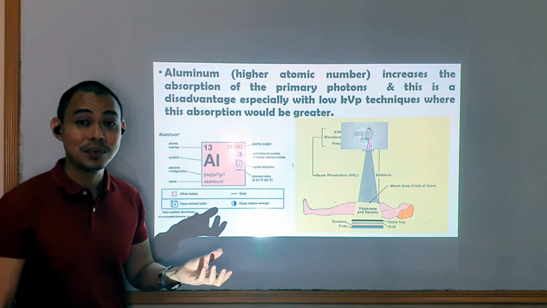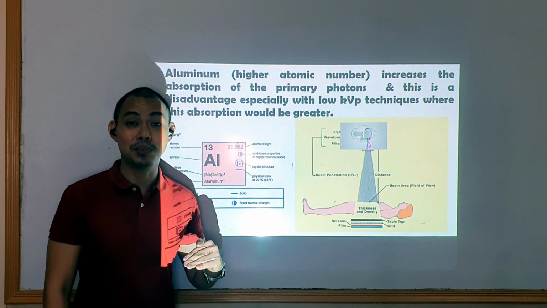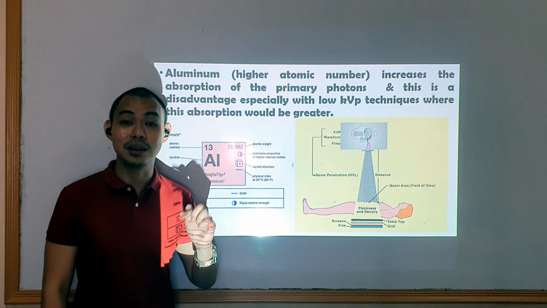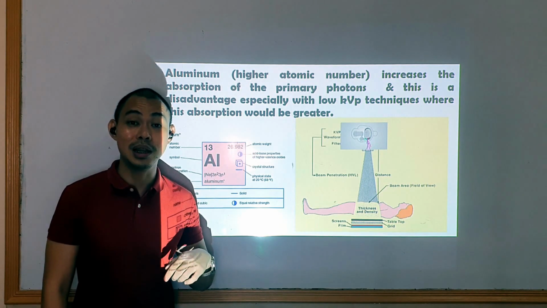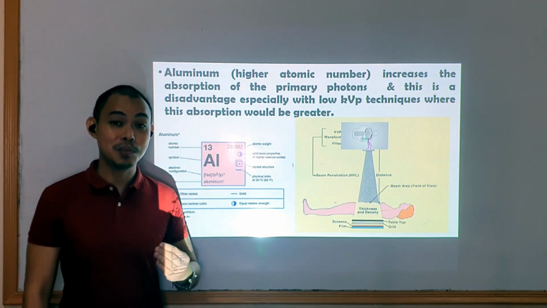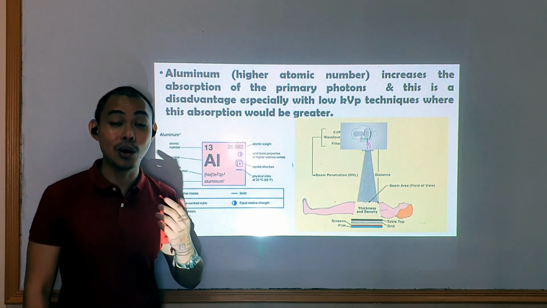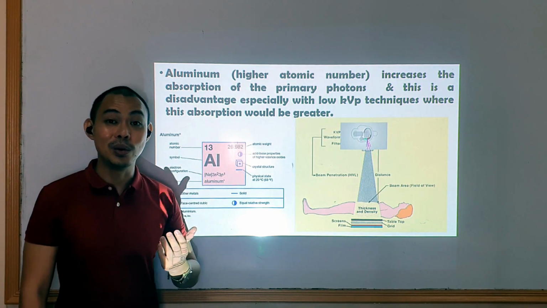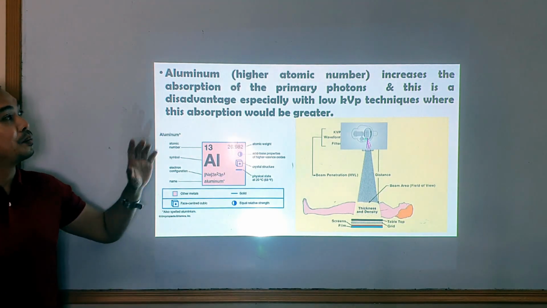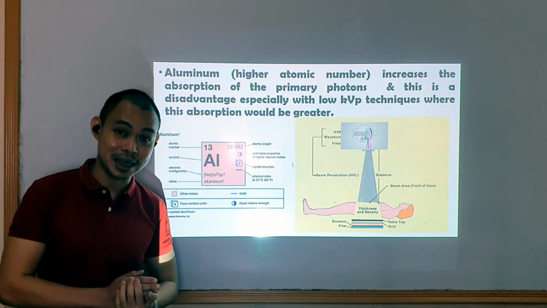That's why what will happen to the image receptor exposure, will it increase or will it decrease? It will decrease because the aluminum of the interspace material of that grid, especially for low kVp techniques, will just absorb the primary photons before it reaches your X-ray cassette.